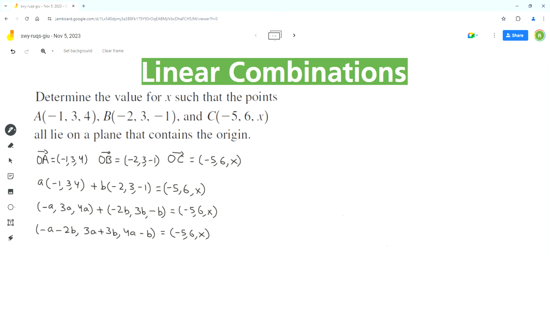Now these two vectors will be equal to each other if their x, y and z components are equal to each other. So we'll use this concept to write three equations for a and b. So our first equation will be for the x component. And the second equation is for the y component. And the third equation is for z component.